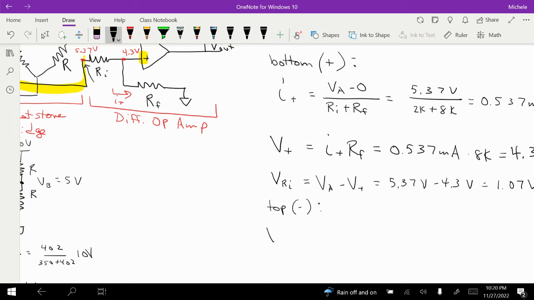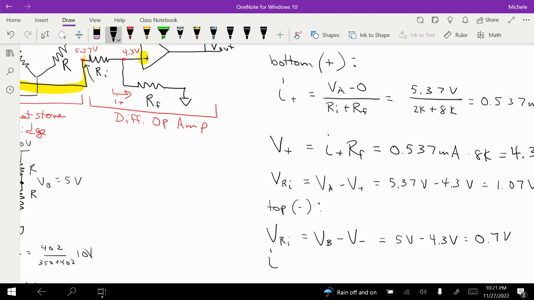So first we're going to say V of Ri is going to equal V of B minus V minus, which is equal to 5 volts minus 4.3 volts, which is 0.7 volts.